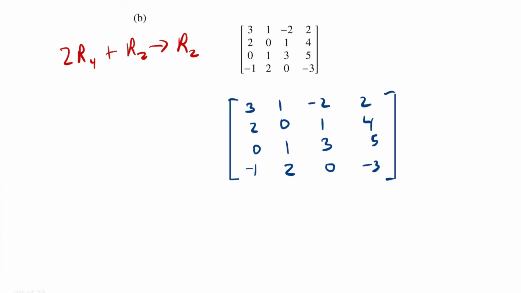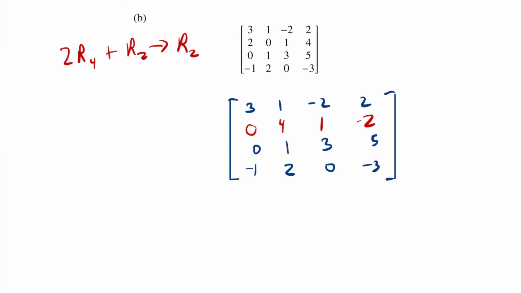If we do that first row transformation, this will become a 0. The next one would become positive 4 plus 0, which is 4. This would become 0 plus 1, which is 1. This will become negative 6 plus 4, which is negative 2.